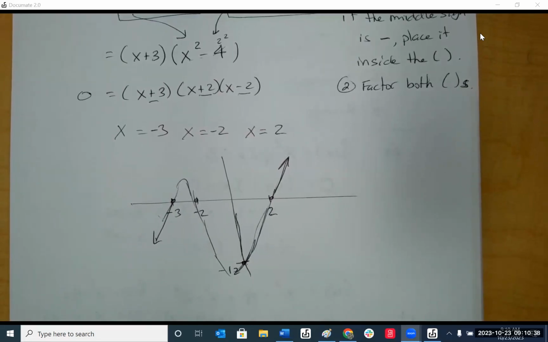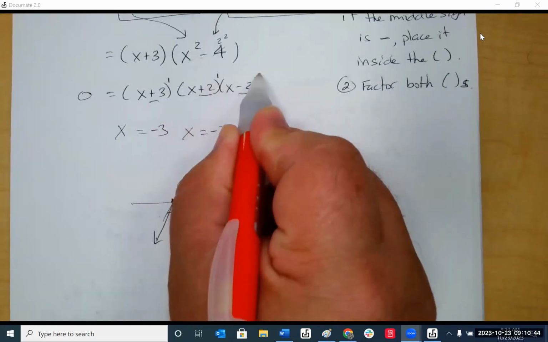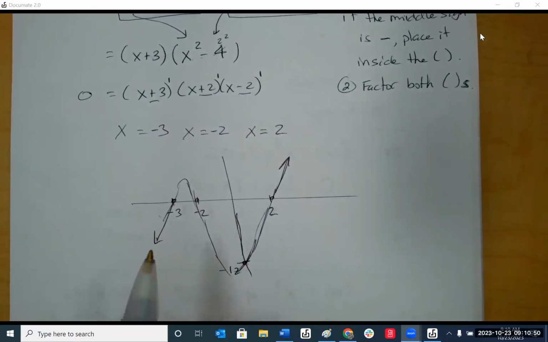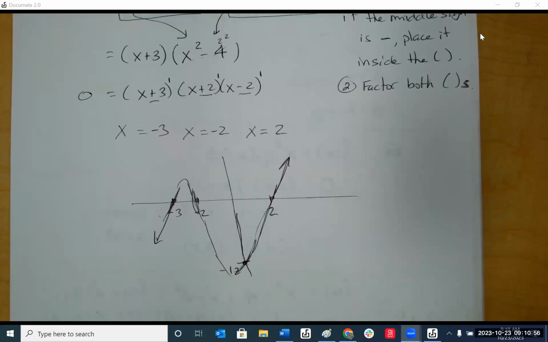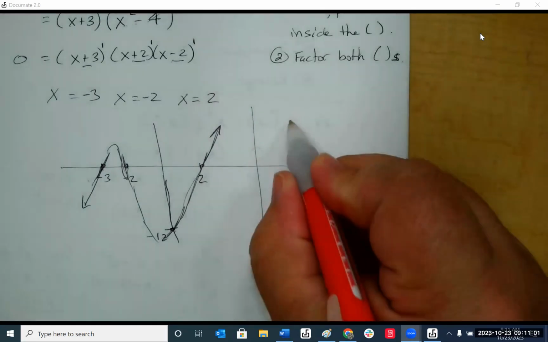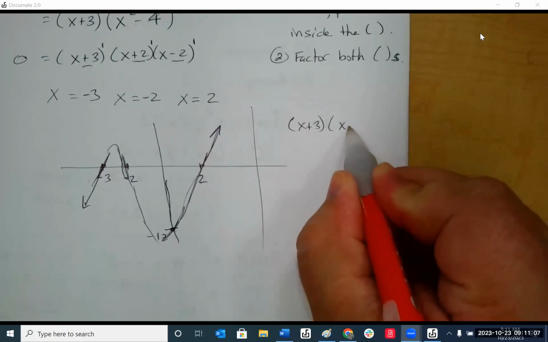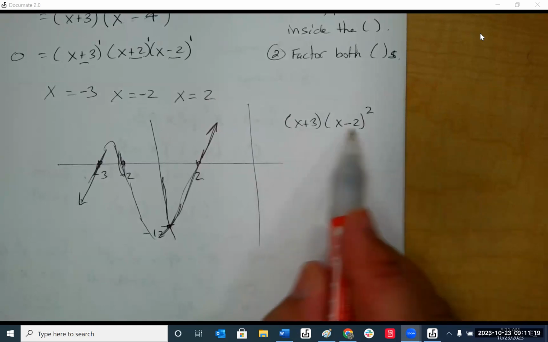We're also going to know something else. It's called multiplicity. All of these exponents on these answers are 1. They're odd. If they're odd, that means the line crosses at those points. If my answer was this, what's the degree of this equation?